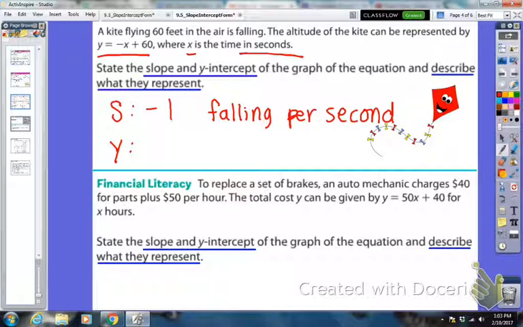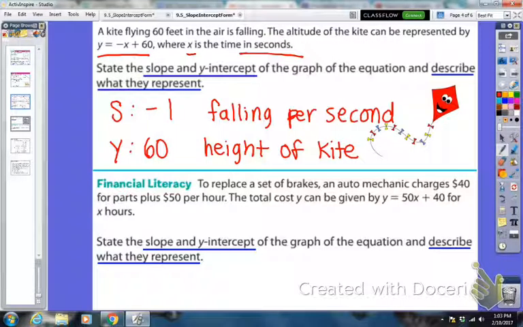And the y-intercept is 60, and that is the original height of the kite before it falls. Okay, so 60 is your starting point, and then it's falling at a rate of 1 per second.